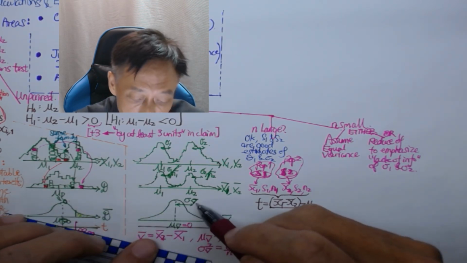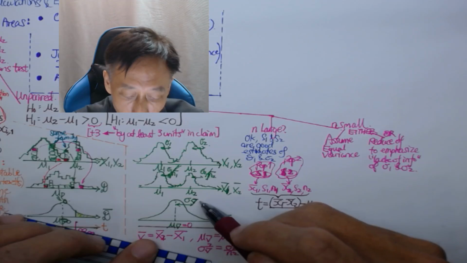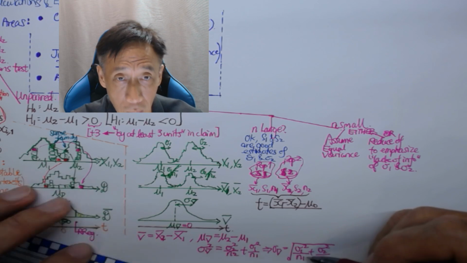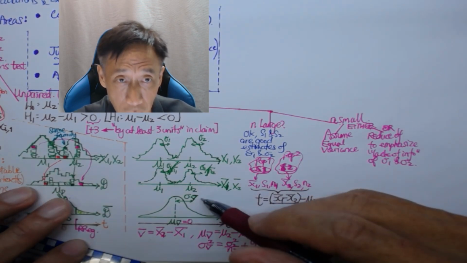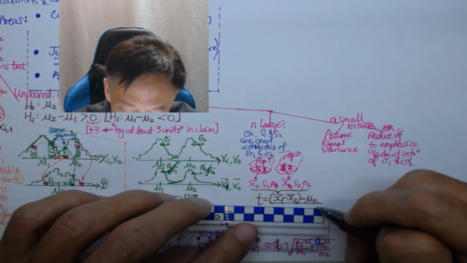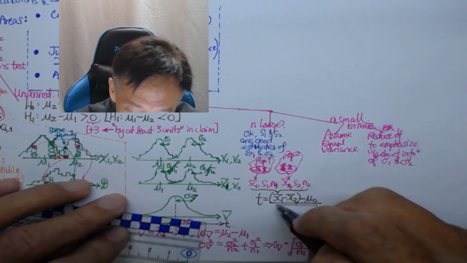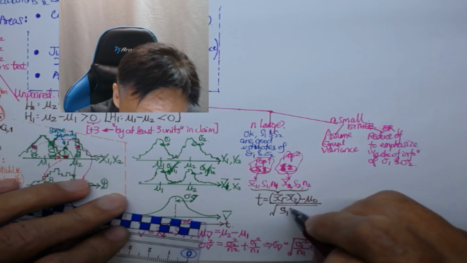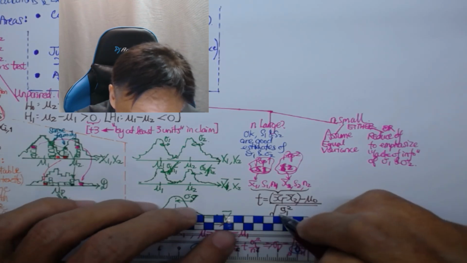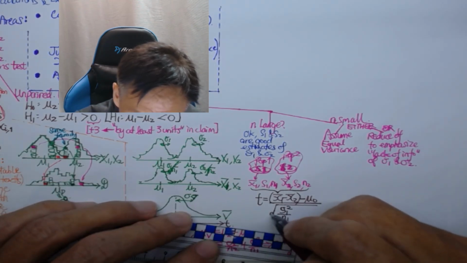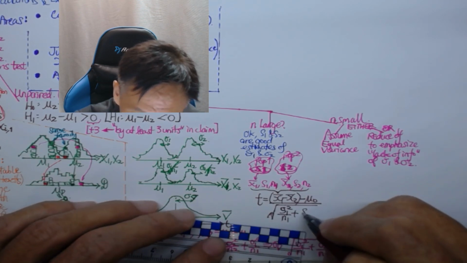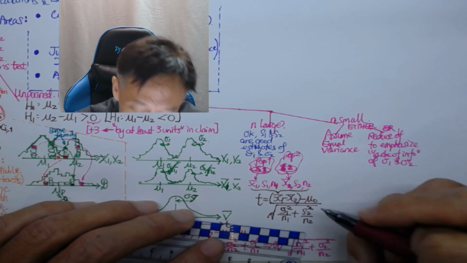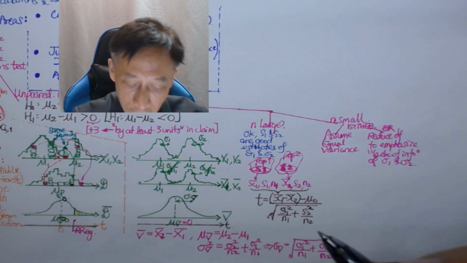This sigma V bar doesn't have an over n, because the over n1, n2 are inside already. So that's why you don't see the over n here. It will be the big square root of S1 square over n1 plus S2 square over n2.